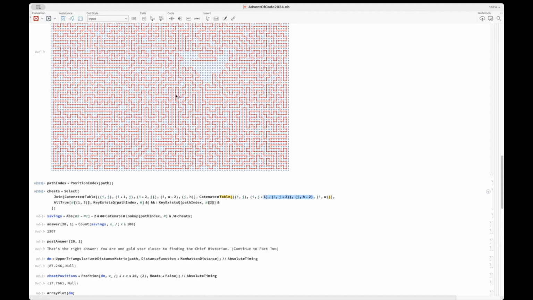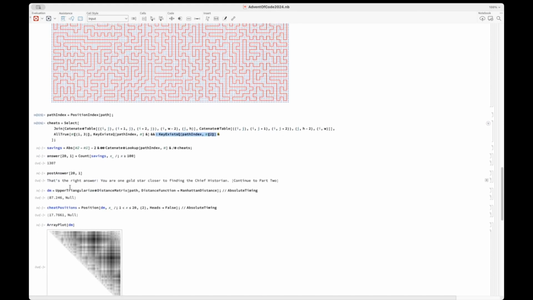This is me very stupidly enumerating: this is a vertex, one vertex next to it, and another vertex next to it, making a line, and just checking whether they are actually on the path. So if the first and the last of the three are on the path and the middle one is not, this is a way of constructing all of the possible ways to do it.